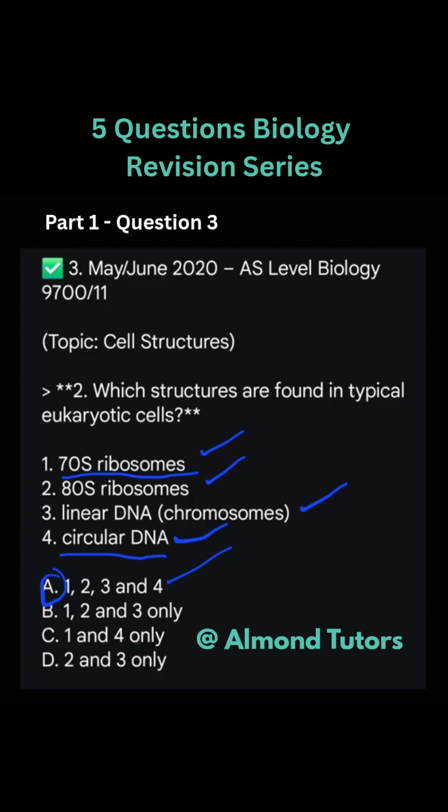Remind yourself also that these features are found in mitochondria and chloroplasts. Then remind yourself again that mitochondria and chloroplasts are found within typical eukaryotic cells. So that means a eukaryotic cell definitely has 70S ribosomes and circular DNA, in addition to the other structures.